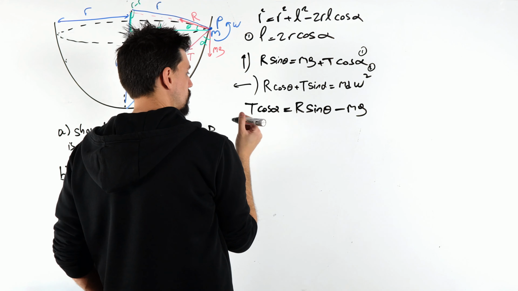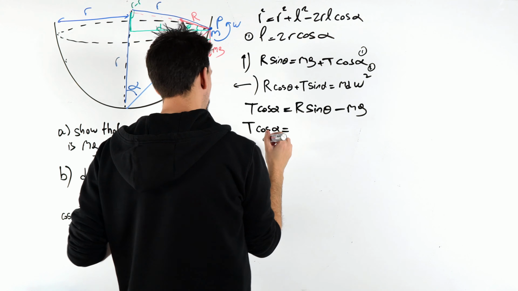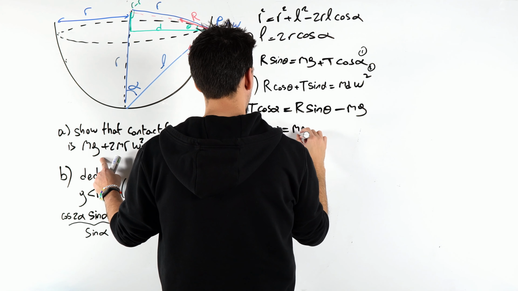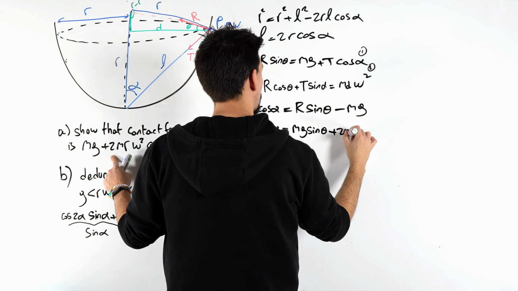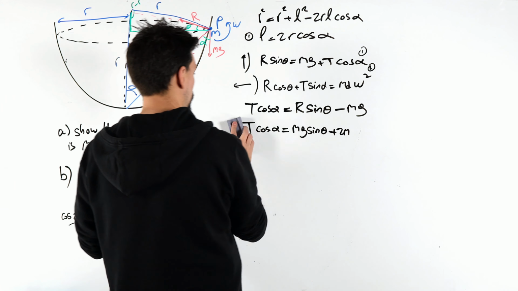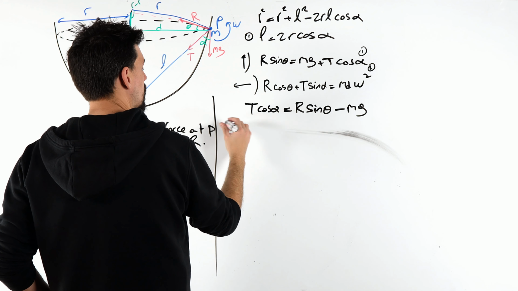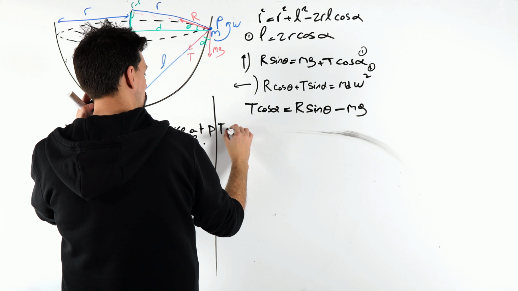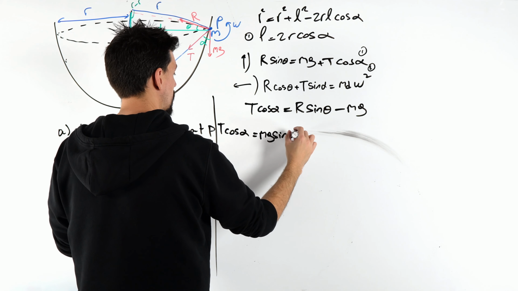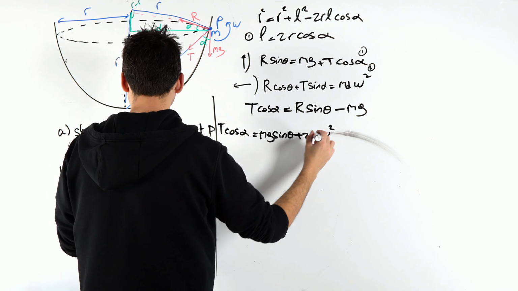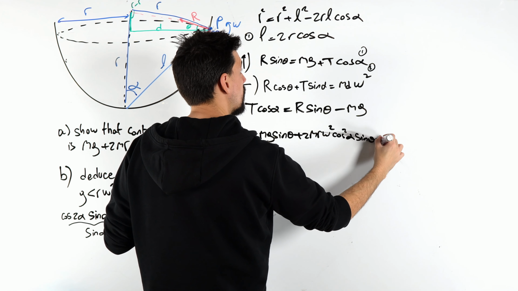Right. So T cos alpha is R sine theta plus 2mr omega squared cos squared alpha sine theta minus mg.